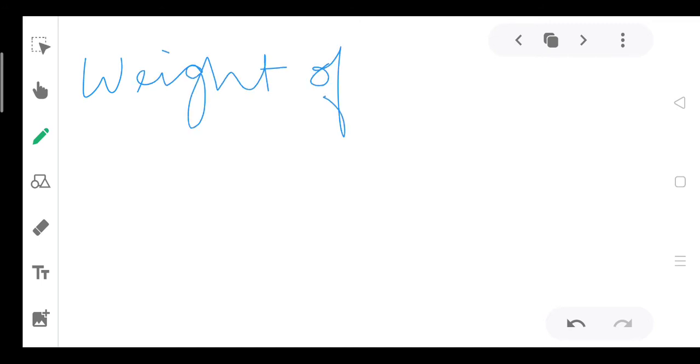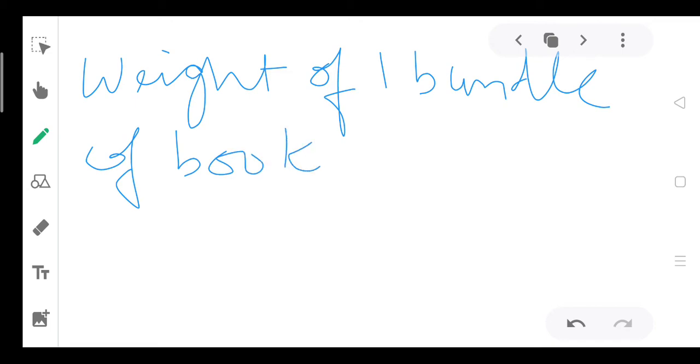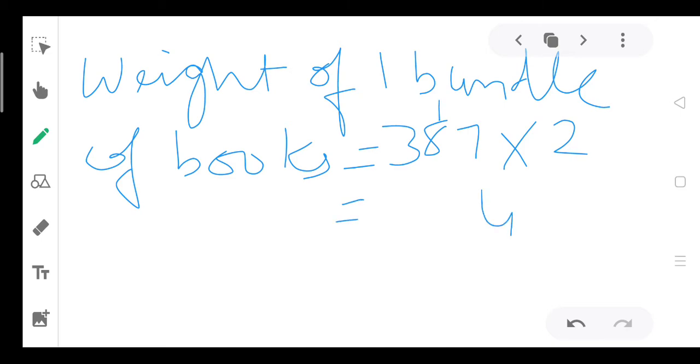You can write here: weight of one bundle of books is equal to 387 multiplied by 2. Clear? It will be 7 twos are 14, 1, 8 twos are 16, 1 is 17, 1, 2 threes are 6 and 1 is 7. 774 kg is the weight of one bundle.